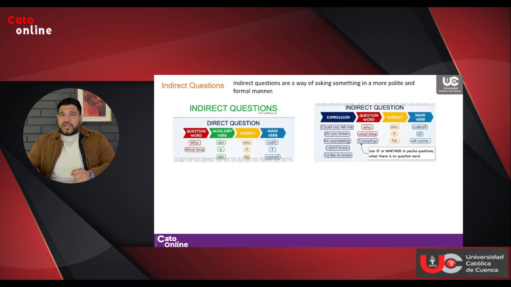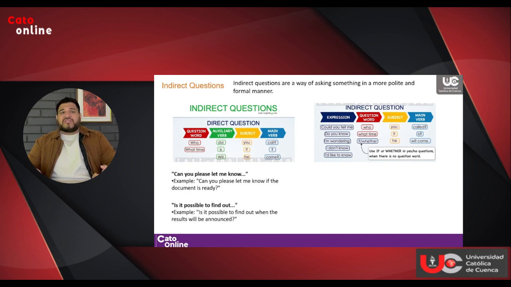We have other expressions in order to be more polite, like, can you please let me know? As an example, can you please let me know if the document is ready? Another expression: is it possible to find out when the results will be announced?